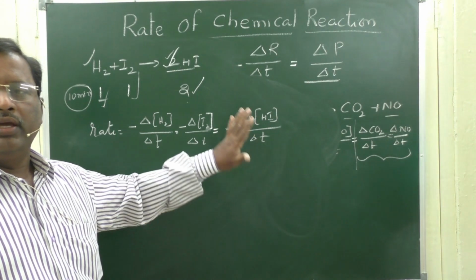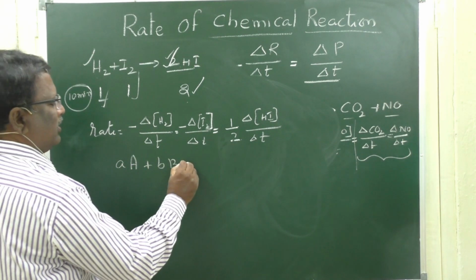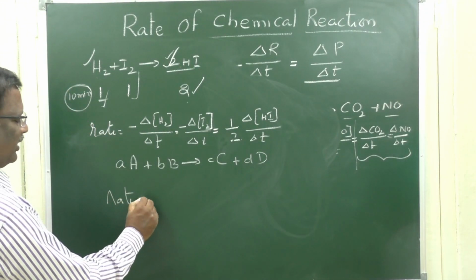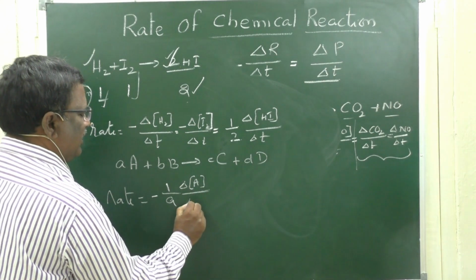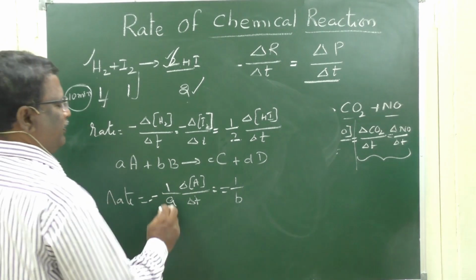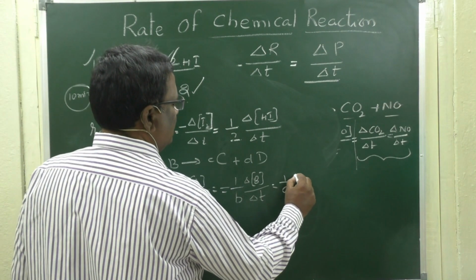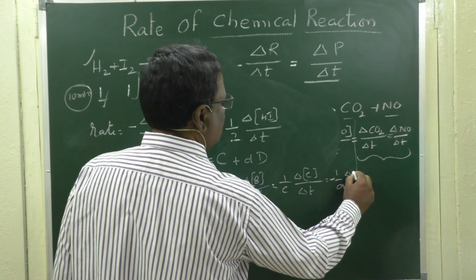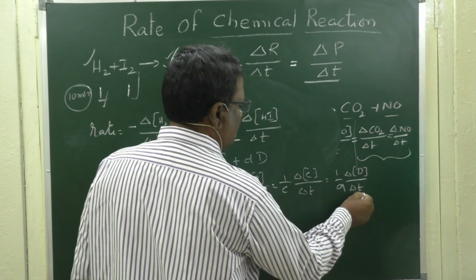In general, for any stoichiometric equation, let a moles of A react with b moles of B to give c moles of C plus d moles of D, then the rate will be expressed like this: rate of this reaction is equal to minus 1 by a delta concentration of A by delta T is equal to minus 1 by b delta concentration of B by delta T, because these two are reactants, so you have to use the minus sign, is equal to 1 by c delta concentration of C by delta T is equal to 1 by d change in concentration of D by delta T. You should not write minus here, because these two are products, they will have a positive sign.